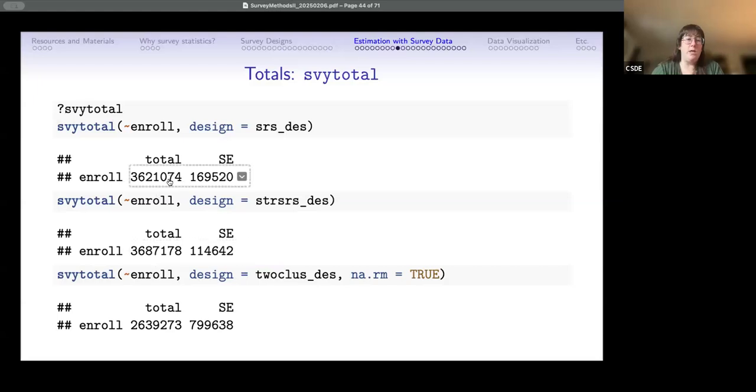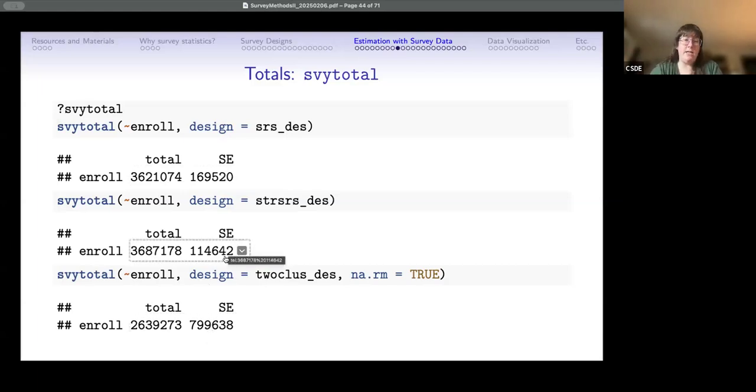Let's compare the totals. This total is much higher. These 2 totals are pretty similar, but much higher than the 2-stage cluster design. The variance of these 2 is much lower than the variance of the cluster design, which is expected.